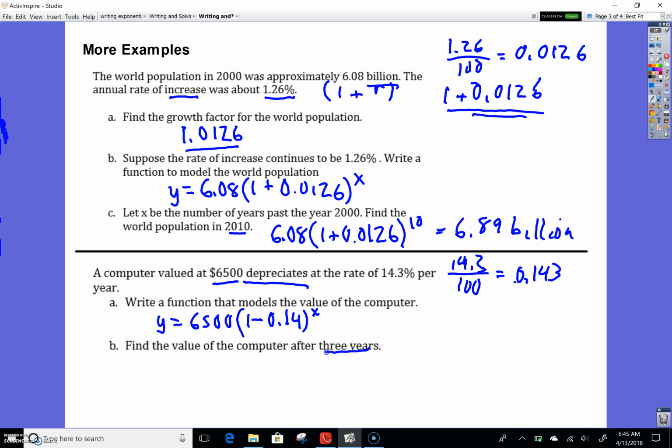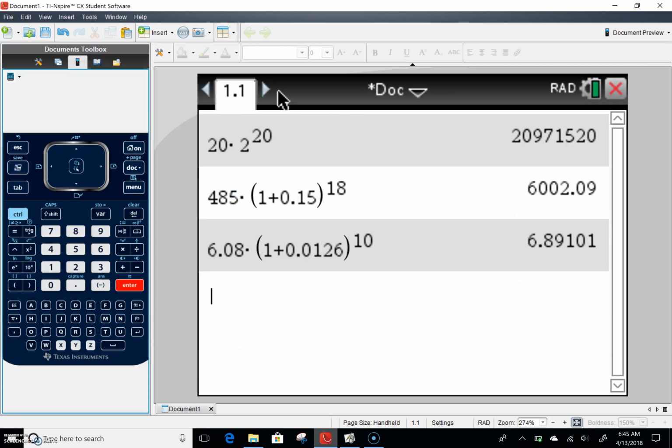And now we just want 3 years, right? So y equals, that's a very expensive computer, by the way, 6,500, 1 minus 0.143 to the 3. So my expensive computer started at 6,500.